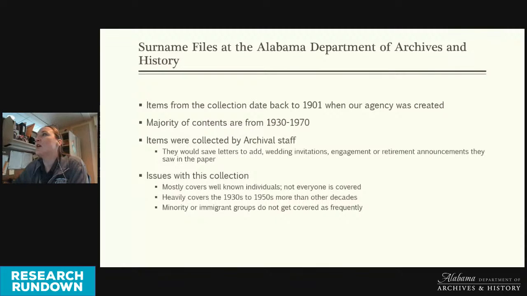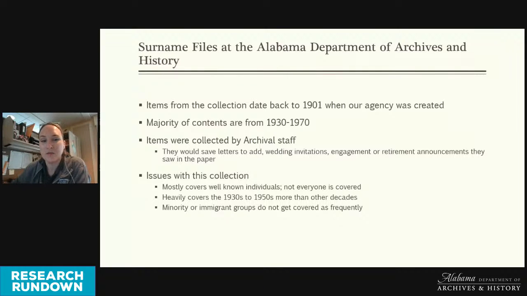Okay. So some of these items in the collection date back as far as 1901. Typically on the collection title, that's when it will usually say that the surname files start. And while there are some materials that do date back that far, the majority of the materials are from about 1930 to 1970. That's really the bulk of it.